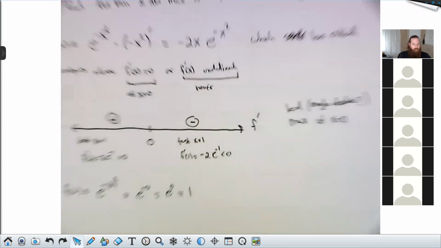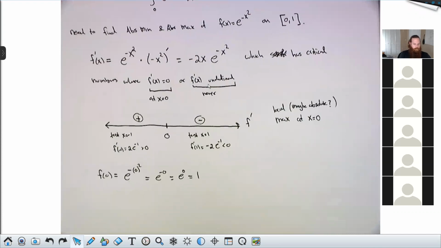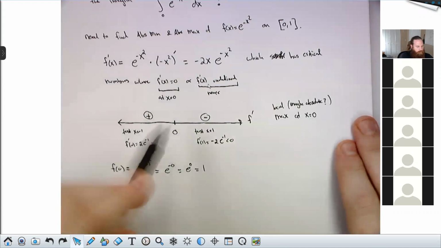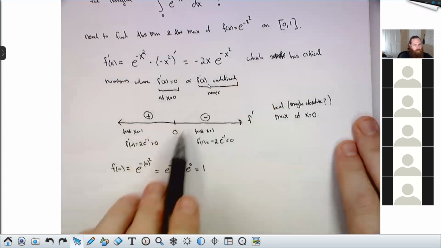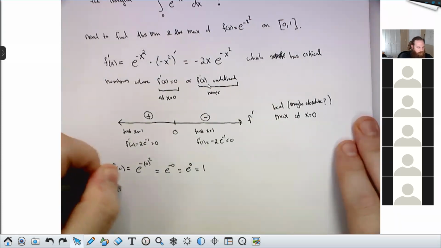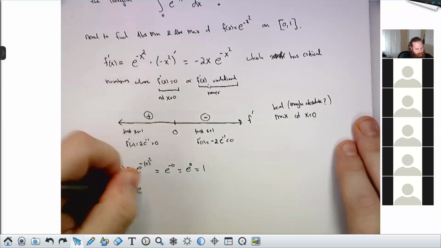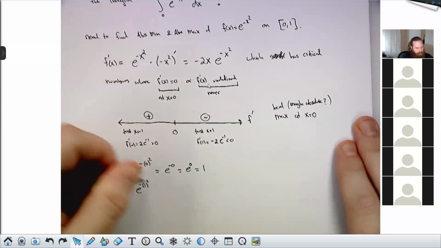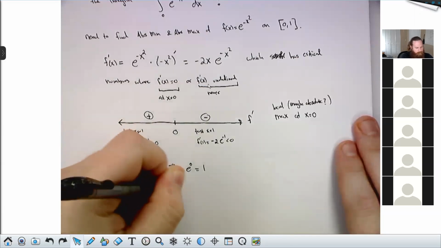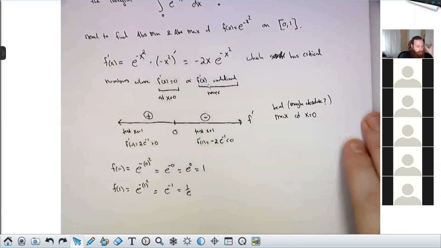No, you're good. So 0 happens to be one of the endpoints of my interval. So I don't need to check both of the endpoints separate from this. The only other thing I need to check is f of 1, which is e to the negative of 1 squared. 1 squared is 1, so that's e to the -1, or 1 over e. And there's nothing else to check.